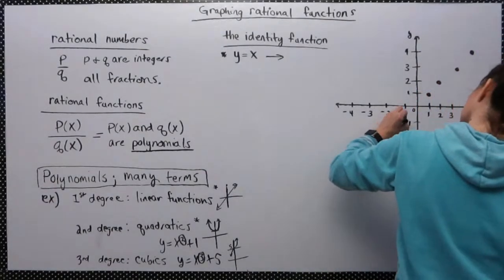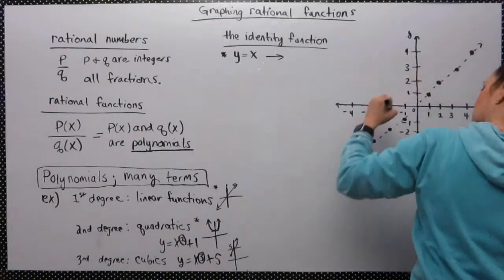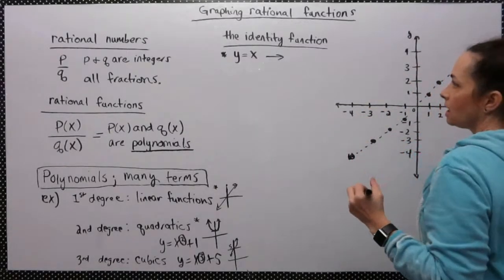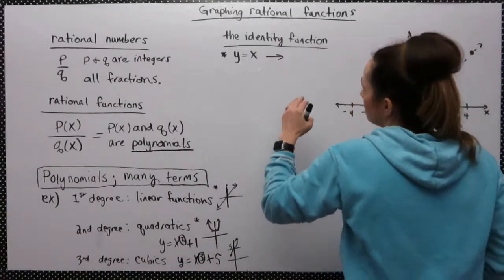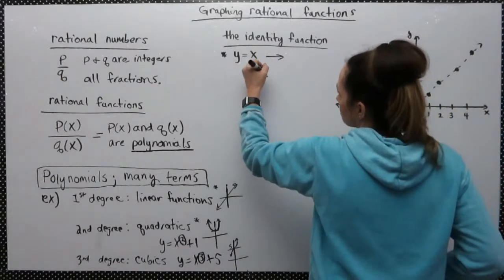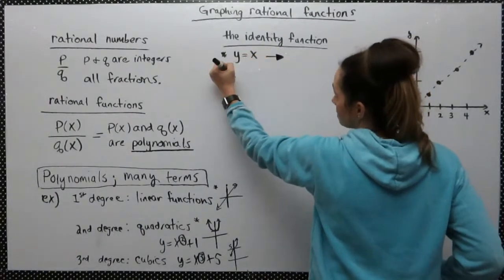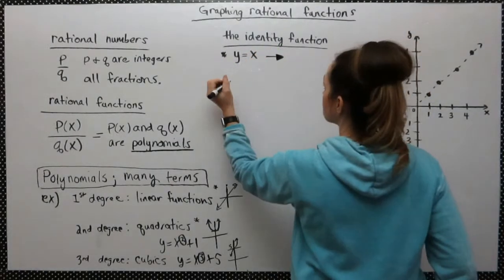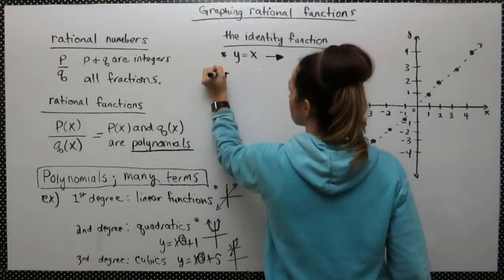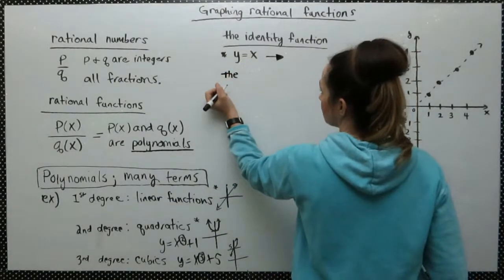Also, I'm going to dash this one because what we're actually going to do is sketch the reciprocal of the identity function. So the reciprocal function is found by reciprocating the identity function.